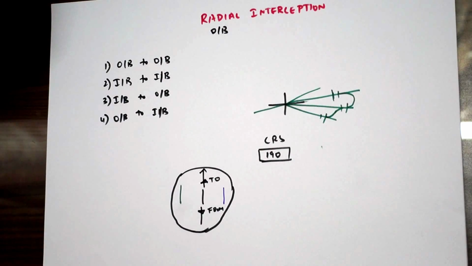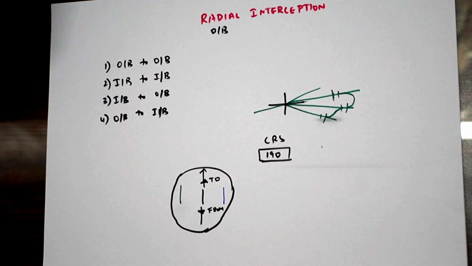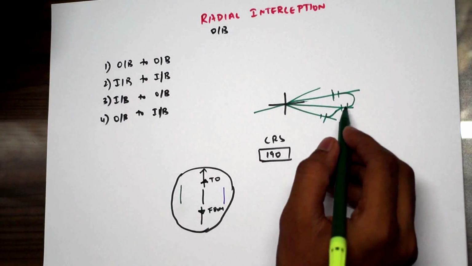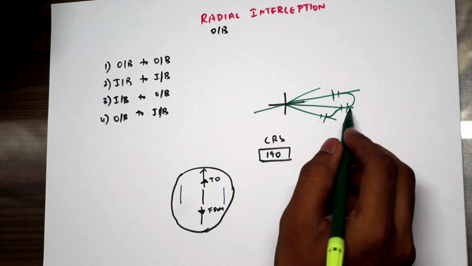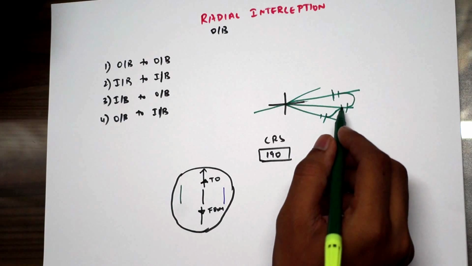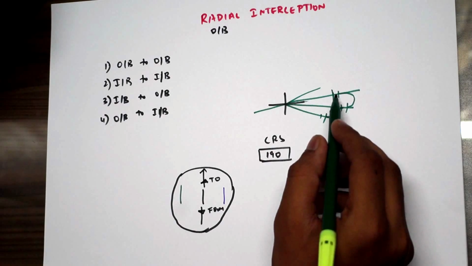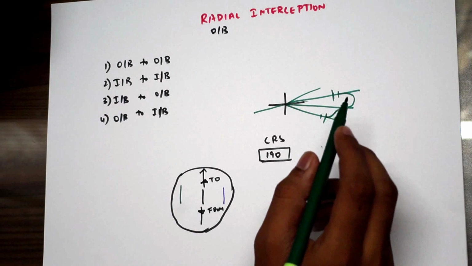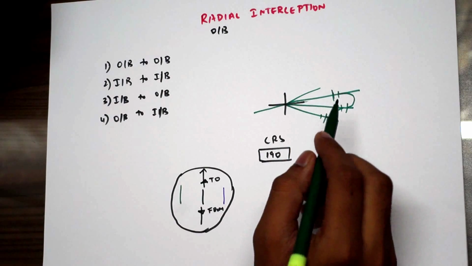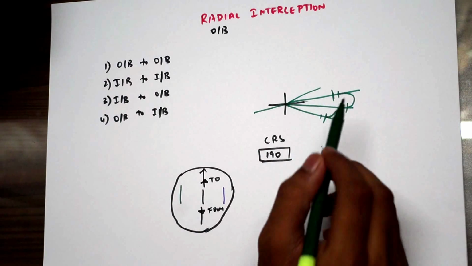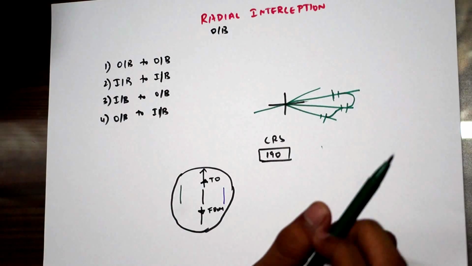In an early video I talked about course reversals, which is a different thing: that is to come back on the same radial inbound or go out on the same radial. But this is to hop from one radial to another, due to some traffic, technical issue, or any of that sort. So hopping from one radial to another is called radial interception.